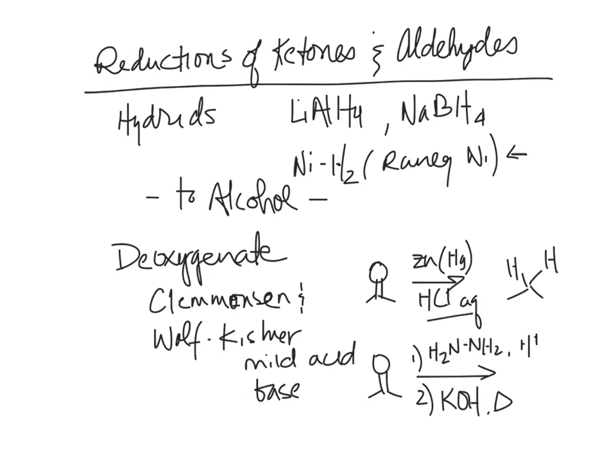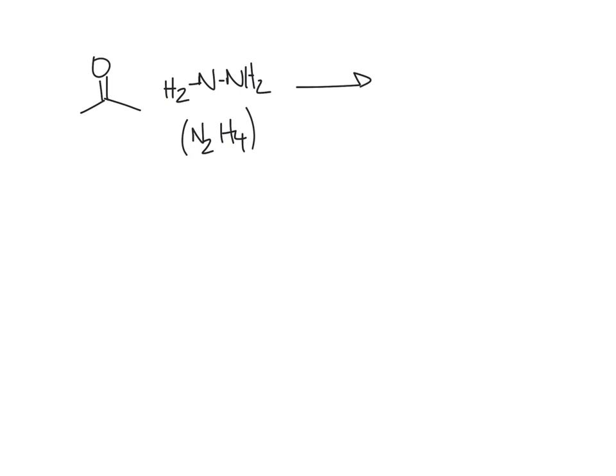I think we should take a look at how the Wolff-Kishner reaction works. First of all, we start with our aldehyde or ketone, and we'll add hydrazine, which might also be written N2H4. You could see it both ways. And a little bit of acid, and we'll get our imine.